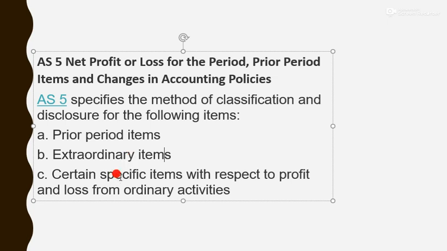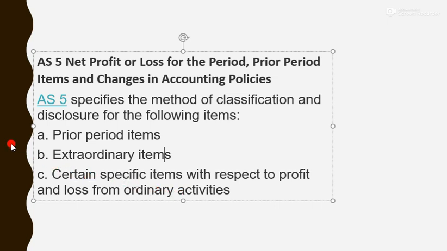And the last, certain specific items with respect to profit and loss from ordinary activities. While disclosing in the financial statement, as per accounting standard, we need to disclose prior period items, extraordinary items, and with respect to P&L, we need to show ordinary activities. Ordinary activities means business related activities, business related expenses.